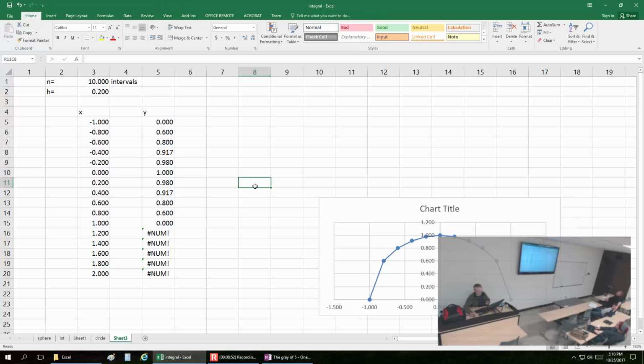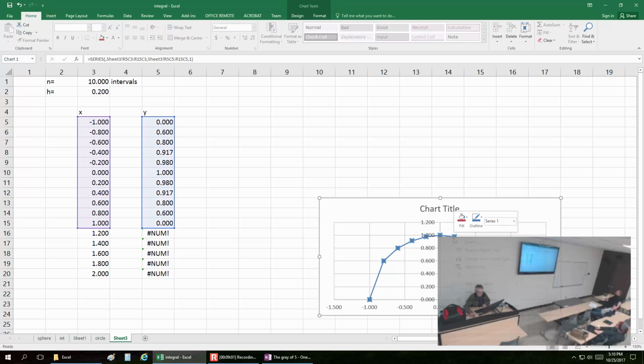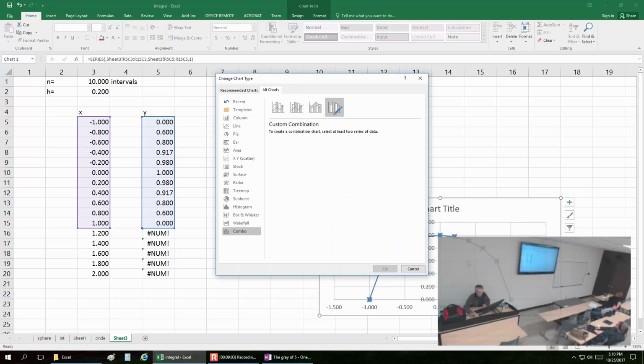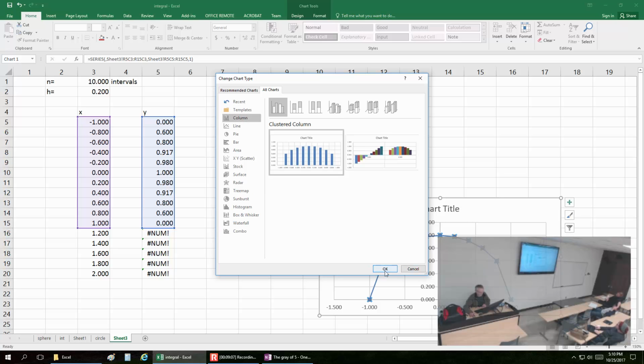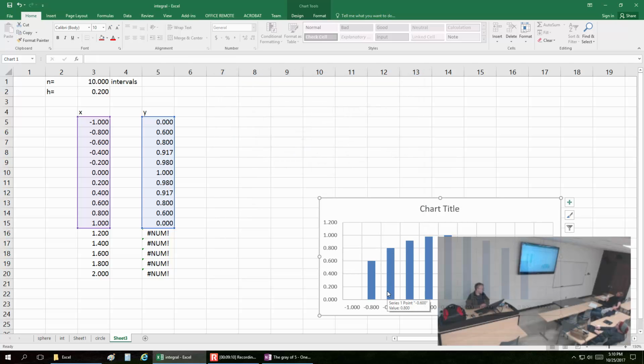Now, how do we compute areas? One way to see is let me try to plot. Okay, here it is. So this is what I'm talking about.